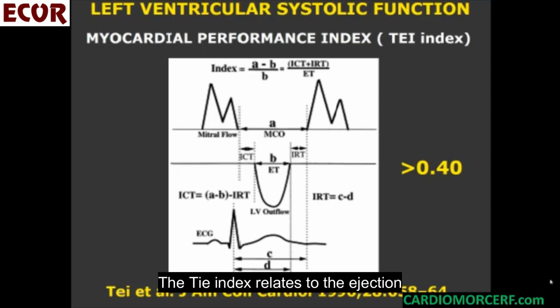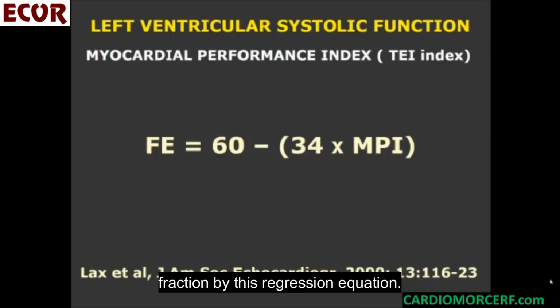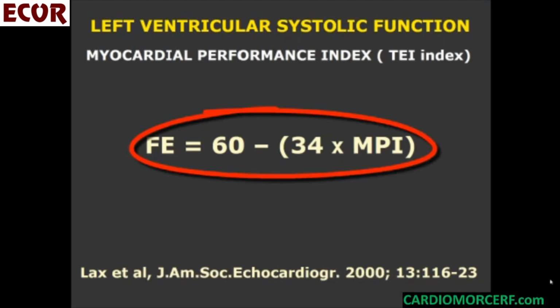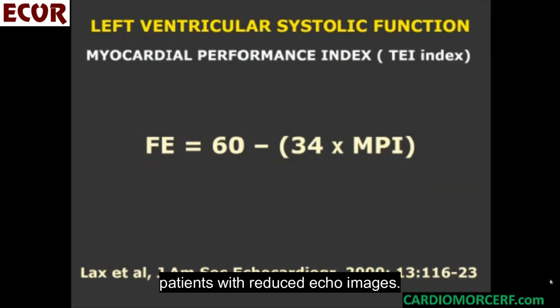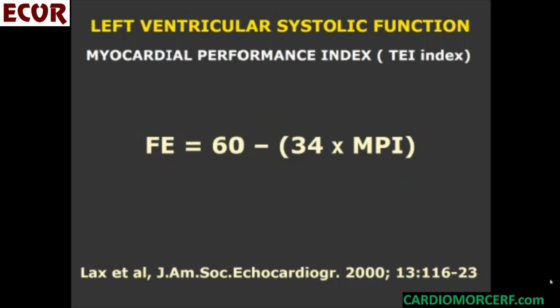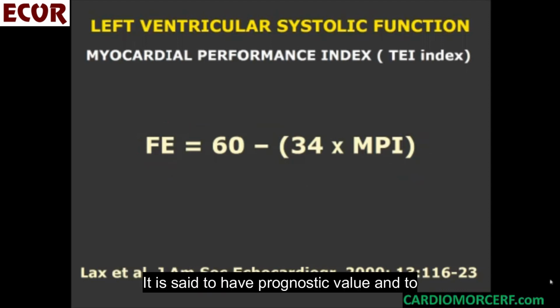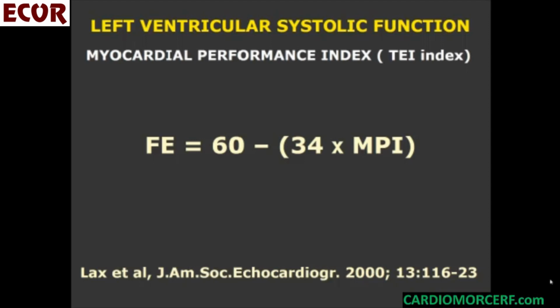The TI index relates to the ejection fraction by this regression equation. Lax et al. proclaim it to be helpful in patients with reduced echo images. It is said to have prognostic value and to be simple and reproducible.